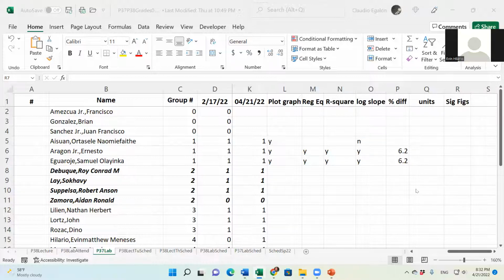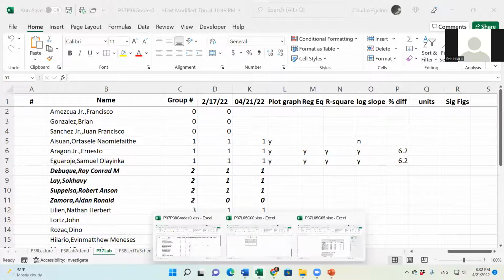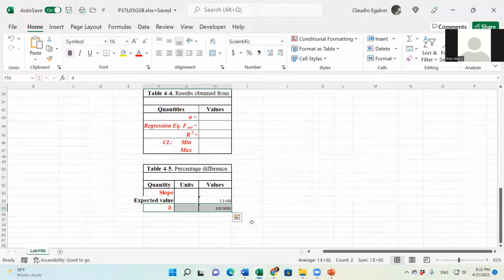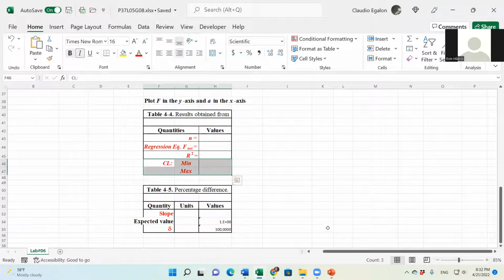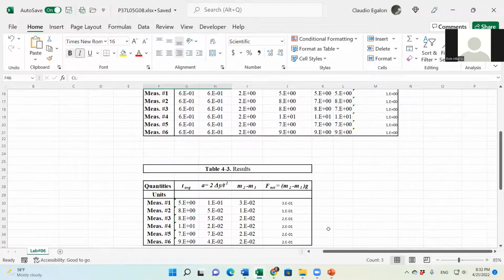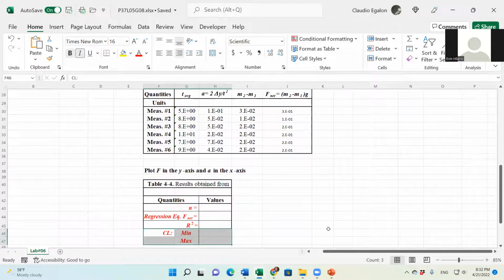Units, sig figs, and leave the more difficult one for last. The more difficult one is the CL. That's how I like to do it. Leave the more difficult one to the last. Do everything that's simple, that's easier first, so you gain confidence, and then leave what's the most difficult at the end. That's a very good way of doing homework and performing experiments.